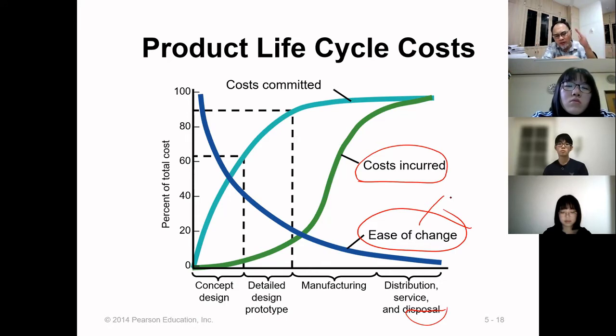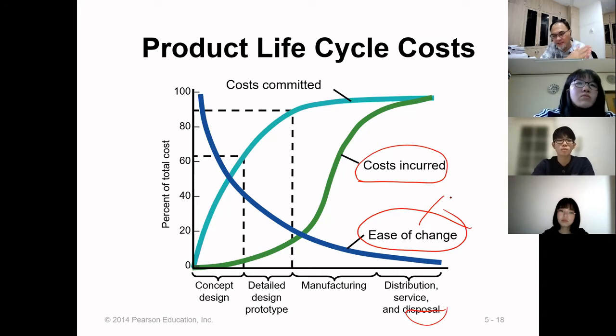But once you have all the machines or the equipment, it's going to be much more difficult. But of course, the percent of total cost is reduced because you are not going to change a lot anymore. The amount of changes that you do is highest during the early stage of any product design.